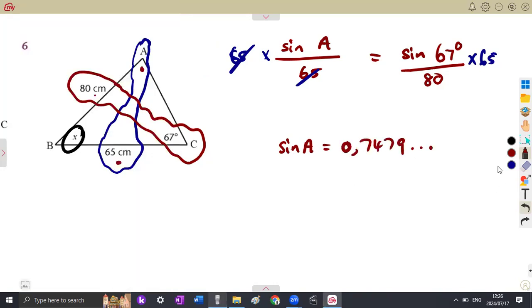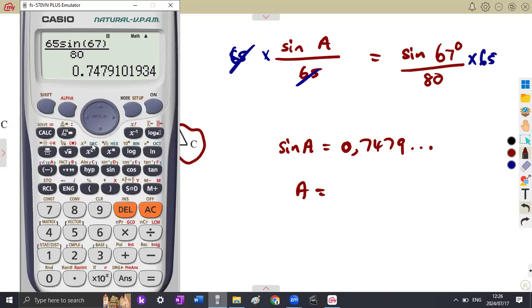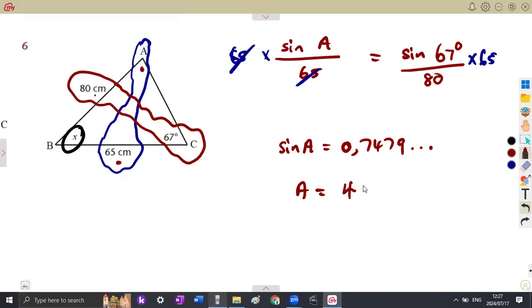All right, so like I said, the reference angle concept, so you're going to calculate the angle A from the arcsine of the answer, which is shift sine. Let's fix this to 2 decimal places: 48.41 degrees.